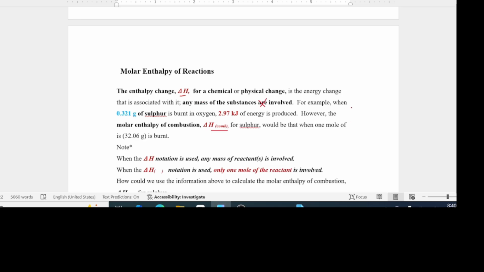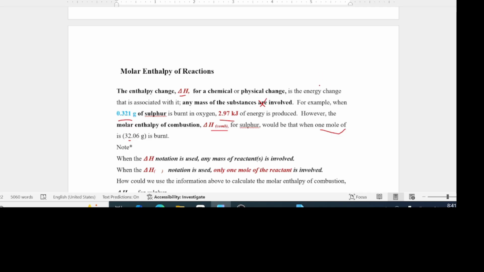For example, when 0.321 gram of sulfur is burnt in oxygen, 2.97 kilojoules of energy is produced. However, the molar enthalpy of combustion for sulfur will be that when 1 mole of sulfur, which is that mass there, is burnt. Okay? So enthalpy change is for any amount of substance undergoing a change.